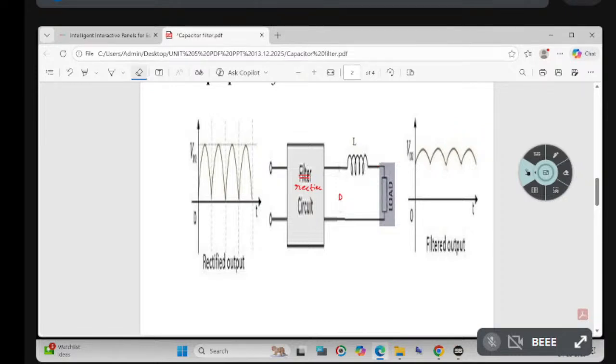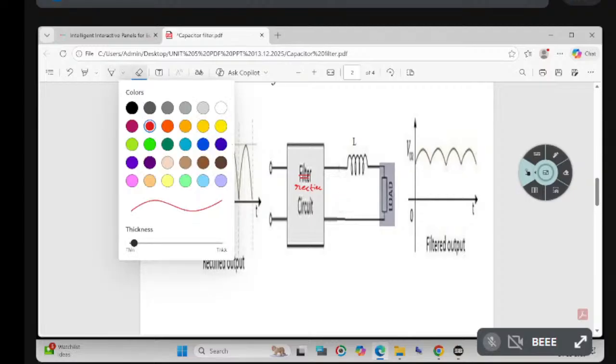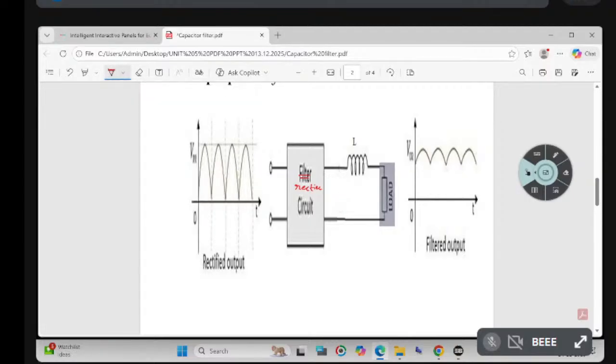Make it as a rectifier here. This is called a filter.